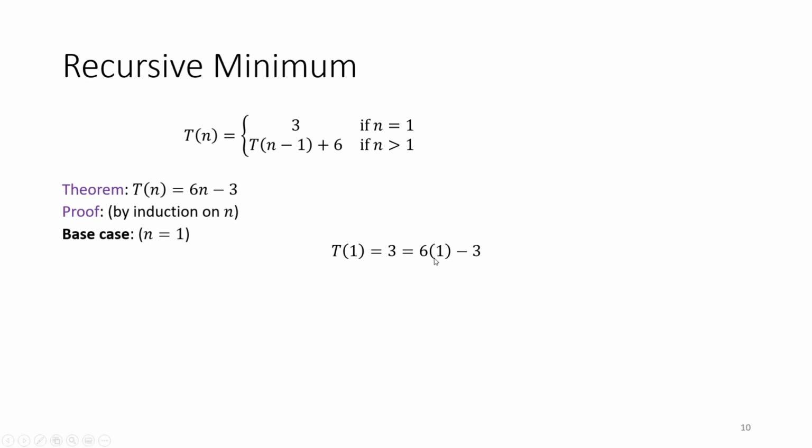I'm going to say that most of my readers already know that 3 is equal to 3, so I'm done. So really what I've done here is on the right-hand side, you can see I've written 6 times 1 minus 3. And on the left-hand side, I plugged in my T of n, and I just sort of showed in the middle, they're the same. T of 1 is 3. Doing some math on this is 3, so they're the same. Now, often when I do this, I think I've mentioned this before, in my base case, once I've verified it's correct, I sometimes put a little check mark there and just be like, I'm done.